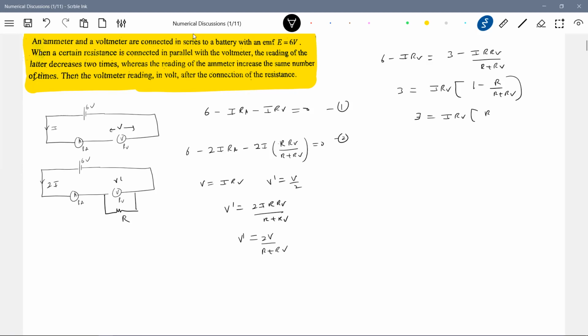So R will get cancelled, so RV by R plus RV. 3R plus 3RV is equal to IRV square. I wanted the reading of this one, V dash, so for that, it is asking some numerical value.